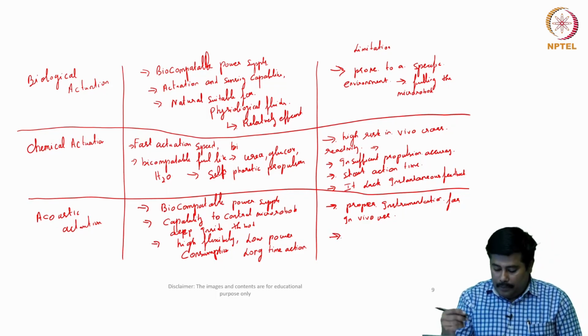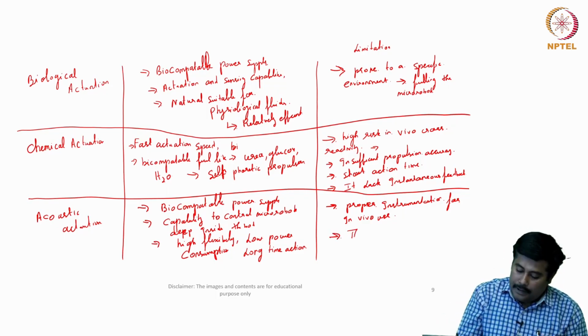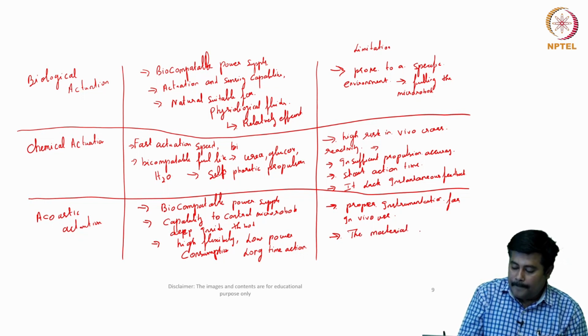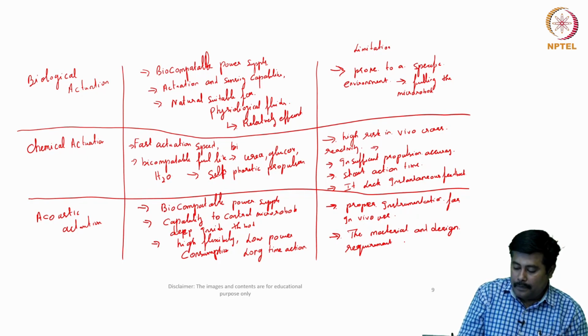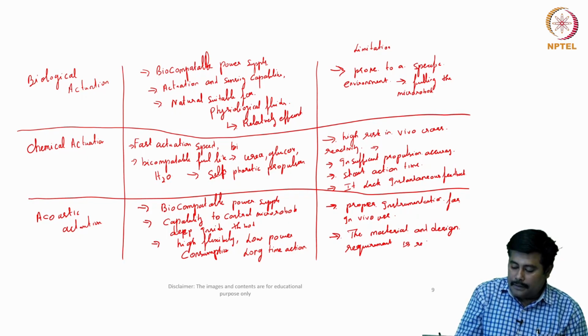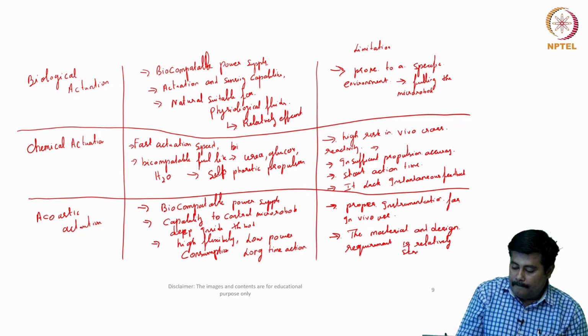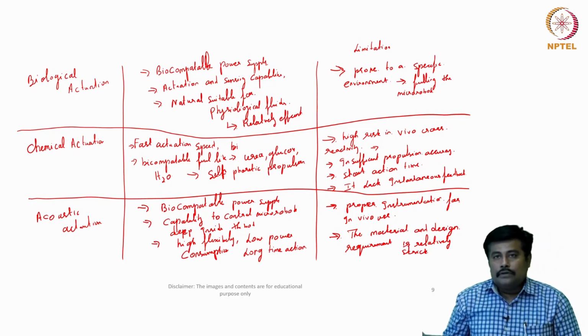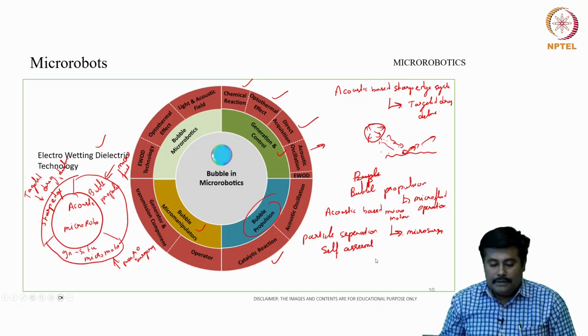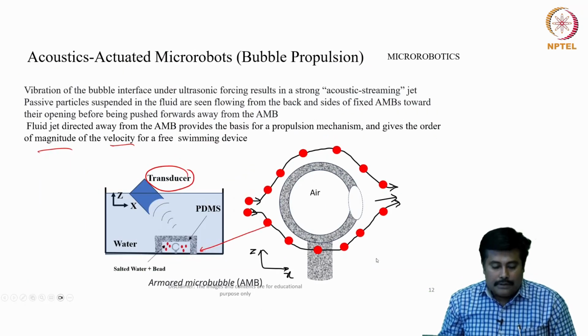And one of the important key challenges is that the material and design requirements, especially from the micro robotic point of view, are relatively strict. So, these are some of the key limitations with reference to an acoustic based system.